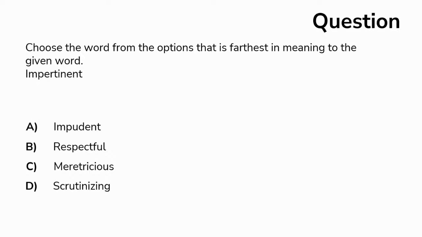So next one is impertinent. So impertinence means not showing proper respect or being rude. It is evident that antonym should be related to showing proper respect, and from the answer options, we'll be marking it as B option, respectful.